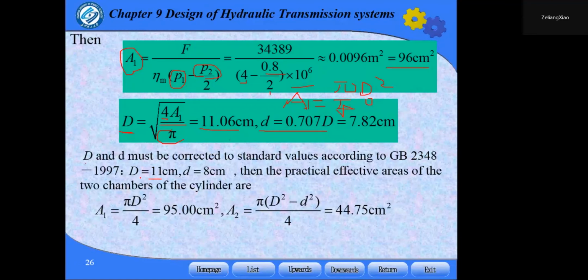So D equals 7 micrometer, and this d equals H micrometer. Then the practical area of these two chambers for the cylinder are this one.